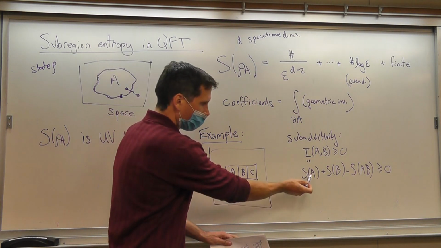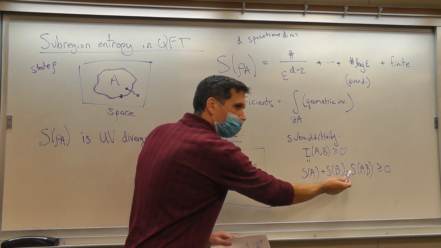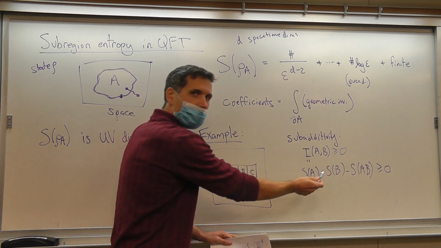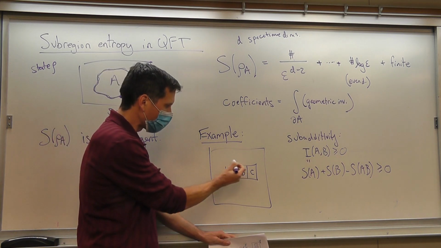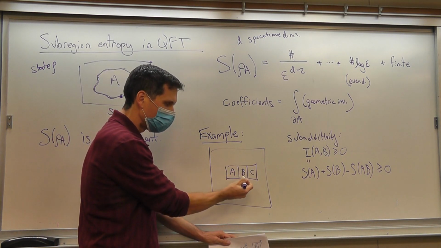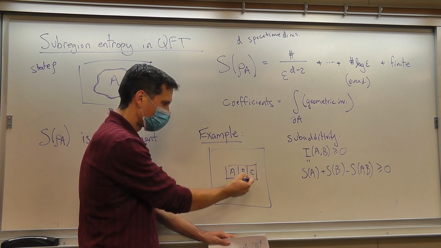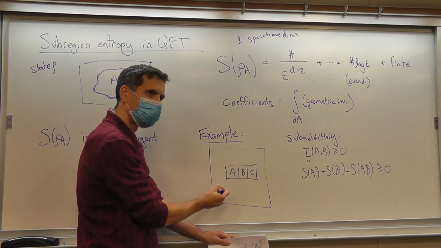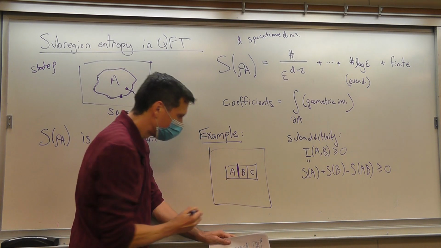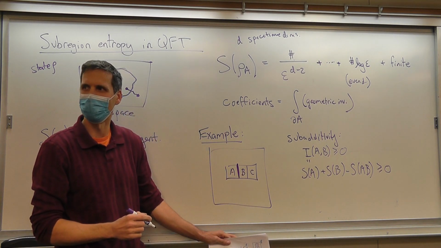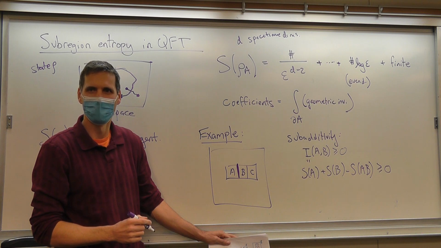So the UV divergences, the leading divergences in this expression will be the area law terms. So the leading UV divergence here is going to be the area of A plus the area of B minus the area of AB. But this piece is not going to get subtracted off when we calculate that difference.